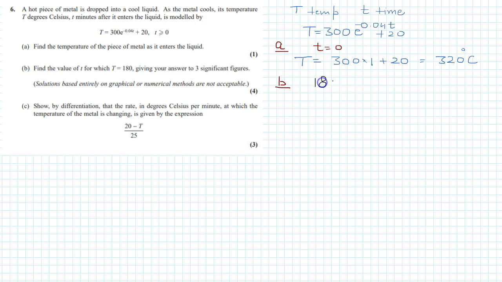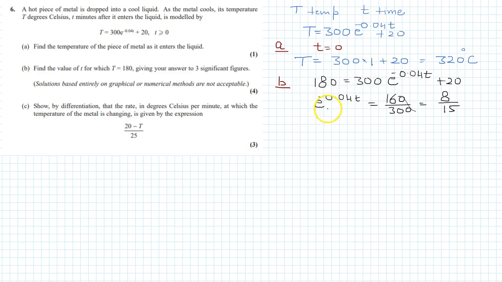So 180 is equal to 300 e to the power minus 0.04 T plus 20. So e to the power minus 0.04 T will be equal to 180 minus 20, that is 160 over 300, and that is equal to 16 over 30, that is 8 over 15.